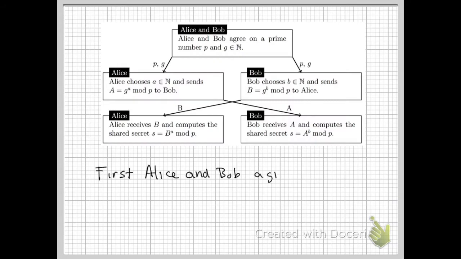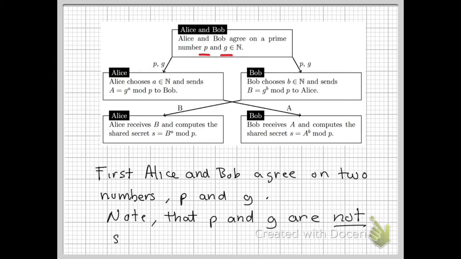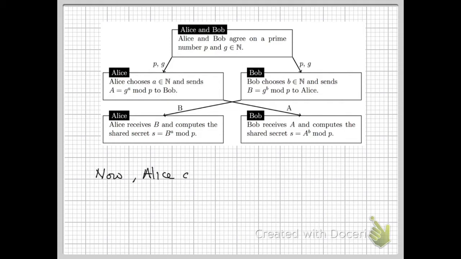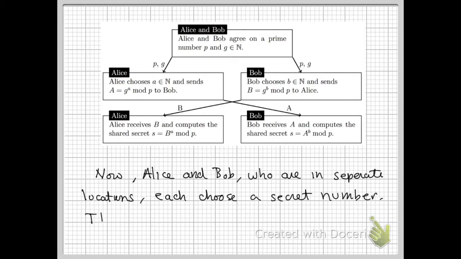So, first Alice and Bob agree on two numbers, P and G, and these numbers are not secret, and they can communicate about these numbers over an insecure line. But then Alice and Bob both choose secret numbers.